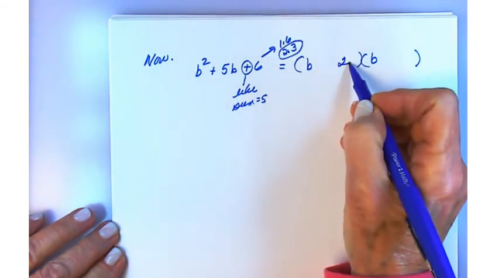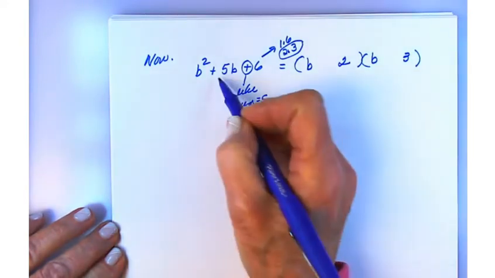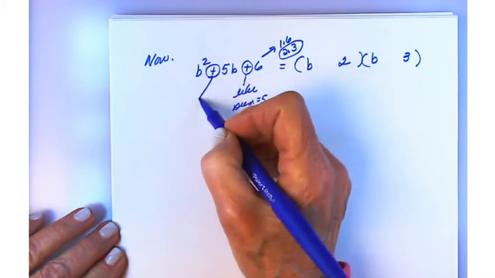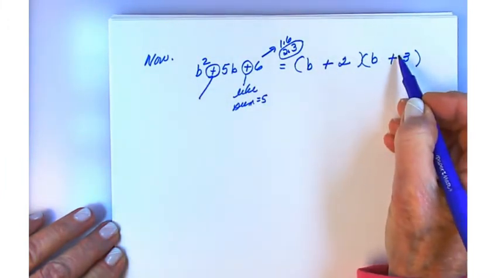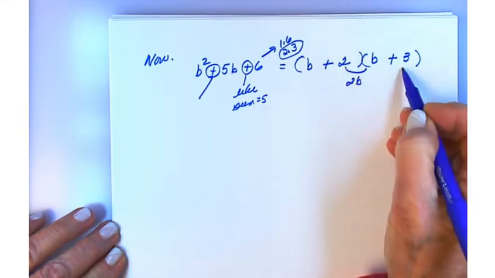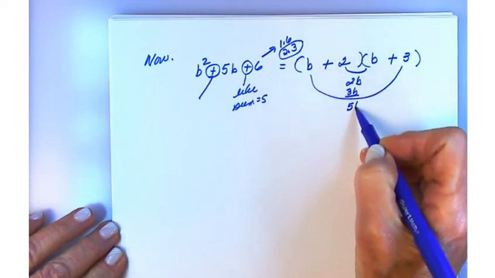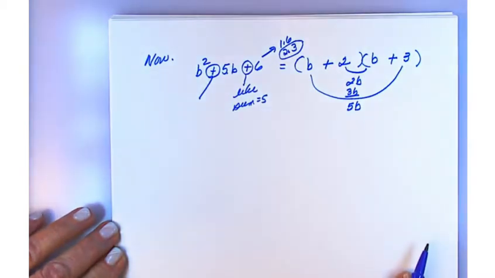So I have 2 and 3. Okay, do I want them both plus or both minus? I look here. It tells me I want them both positive. Let me check my scoops. 2b and 3b. I get a sum of 5, and that agrees with my middle number there.